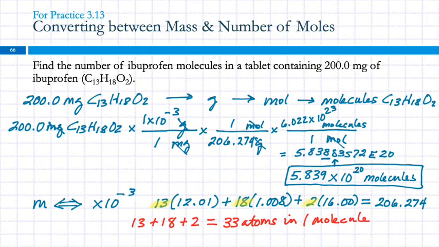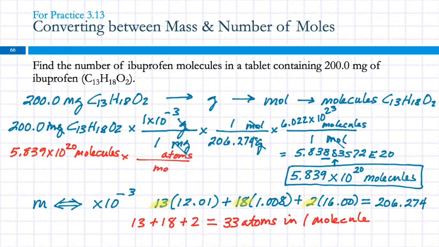So would you just divide 33 into? I wouldn't divide. So this is where units are helpful. Instead of thinking, do I multiply by 33 or divide by 33, I'm going to write the units in first. So here I've got my 5.839 times 10 to the 20 molecules. And what I want is atoms.